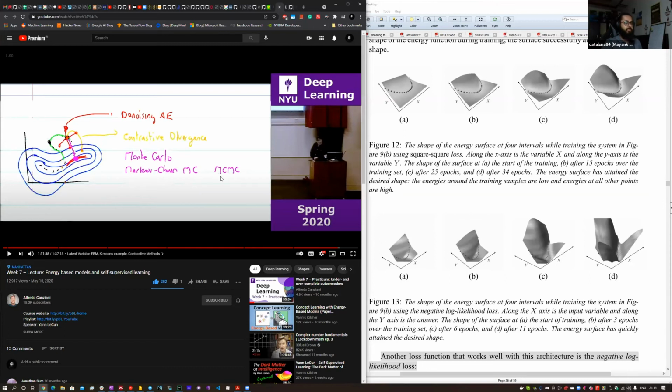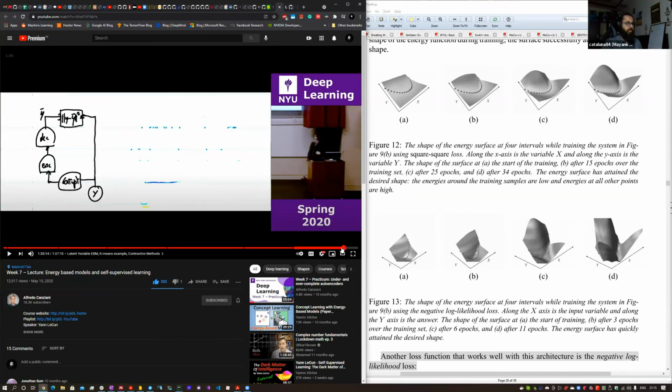In some other presentations, he might discuss this too in the future. There were a couple of other things with respect to the figures that he drew in the training.